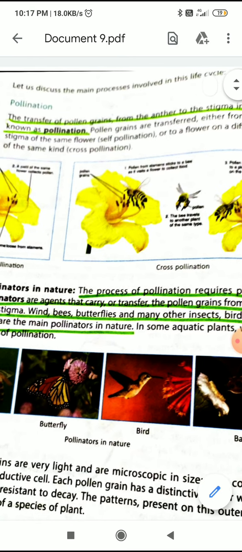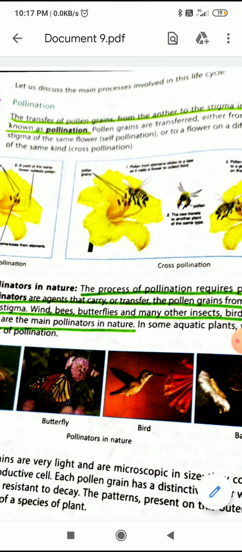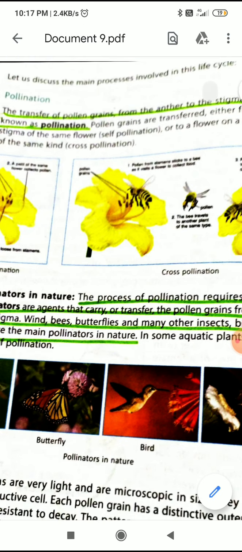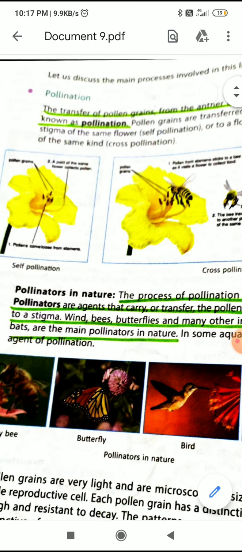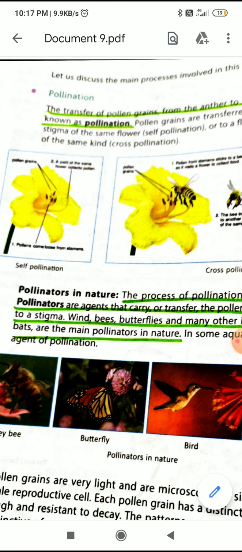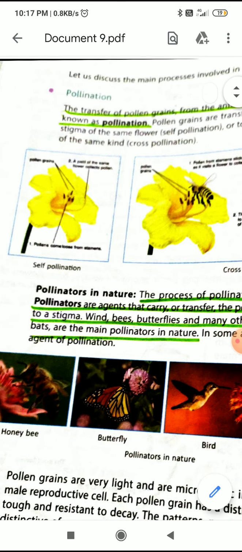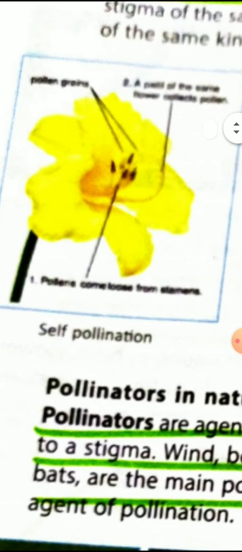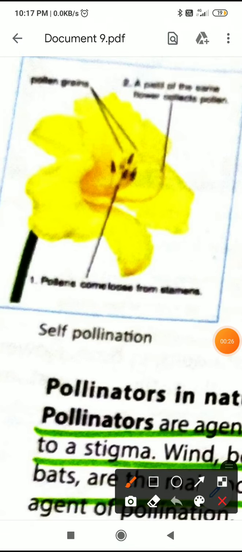As you are studying the chapter Reproduction in Plants, you studied the structure of a flower. You see here the picture of a flower showing the parts, that is petals. These are the petals.